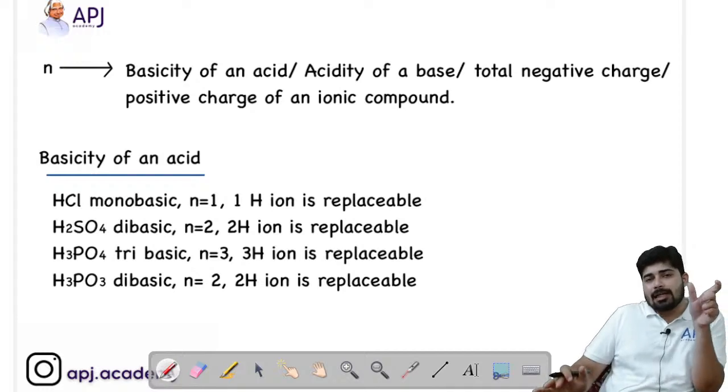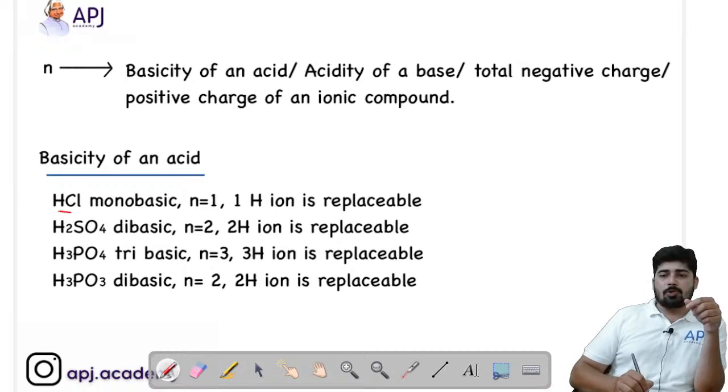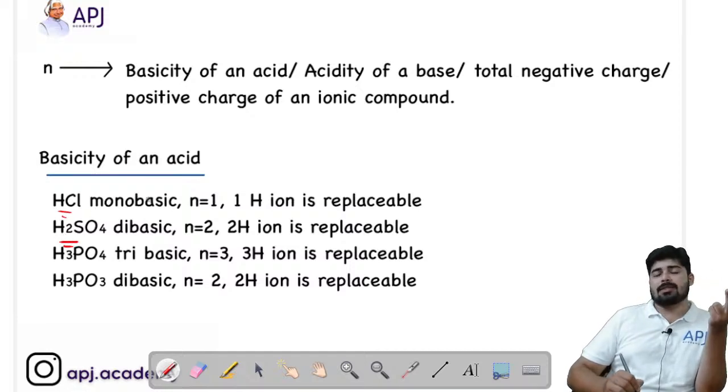If you are considering HCl, we know that HCl consists of one acidic hydrogen, so the valency factor of HCl is 1. If you are considering H2SO4, we know that H2SO4 can donate 2 H plus ions, so the valency factor is 2, and that means it can give off 2 hydrogen ions present in it.